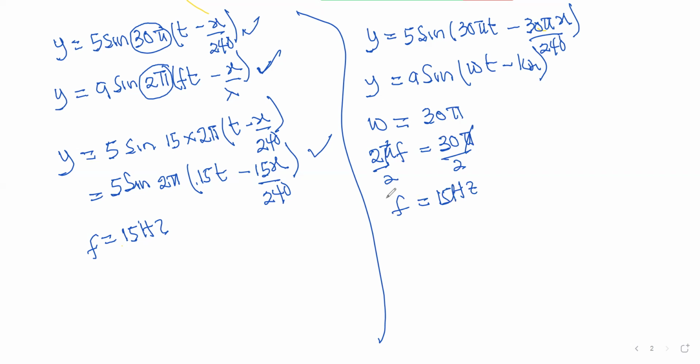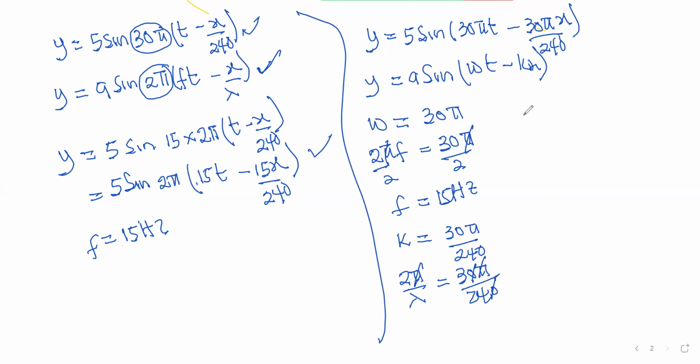What does the question say? The question asks that we find the wavelength. So k is equal to 30π over 240. Knowing k to be 2π over λ, the π will cancel.